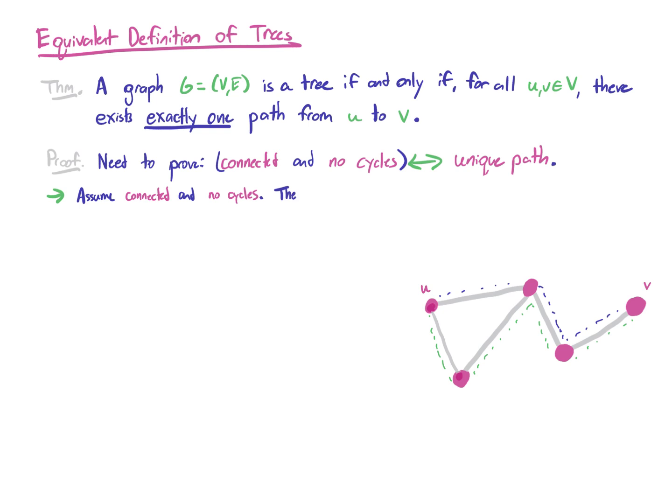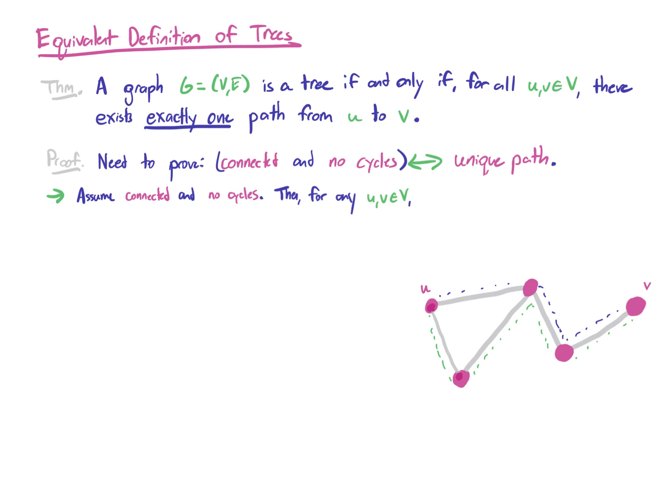So then, for any pair of nodes in the node set, okay, so I need to show exactly one path. So that's the same as saying no less than one and no more than one.